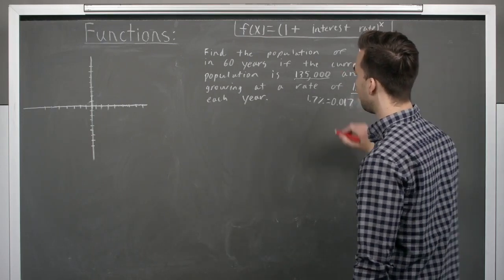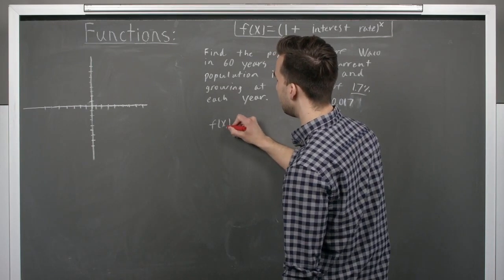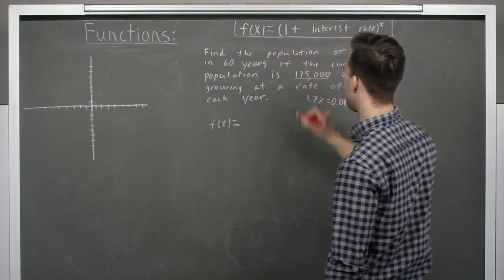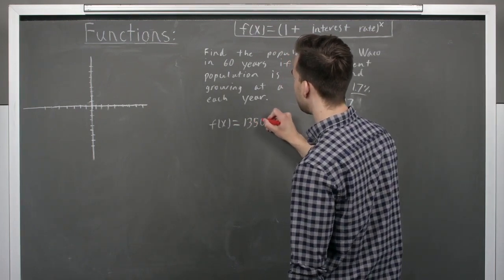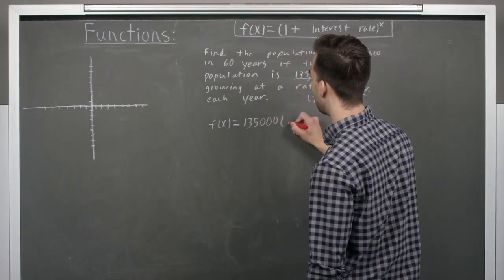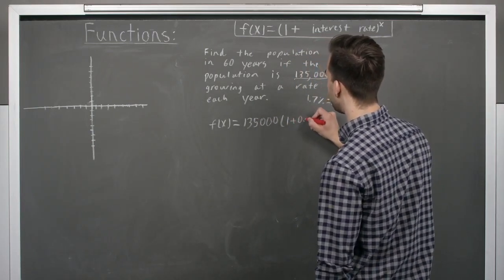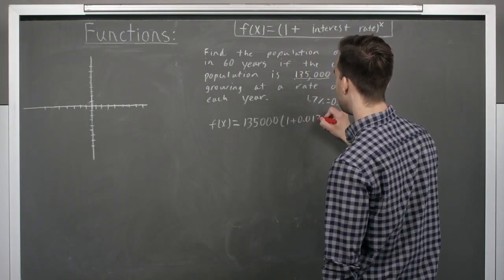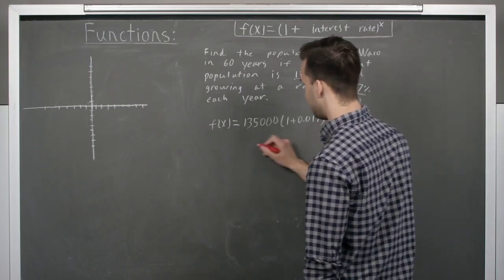So let's write the function. We have f of x is our initial population, 135,000, and then 1 plus our rate of growth, to the power of x amount of years. And we'll simplify that.